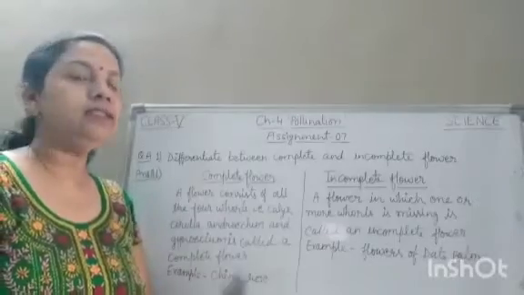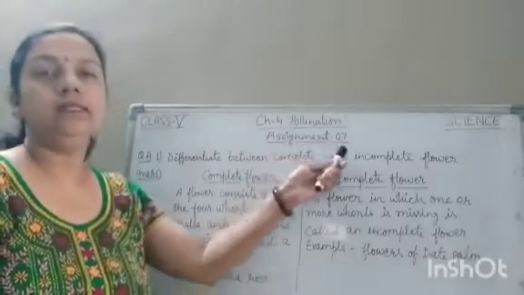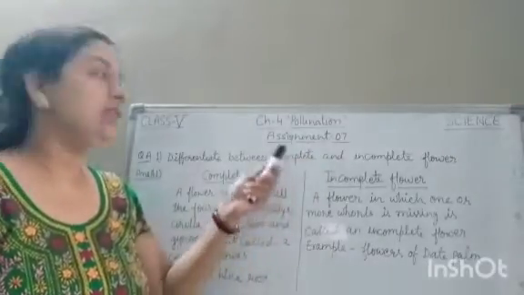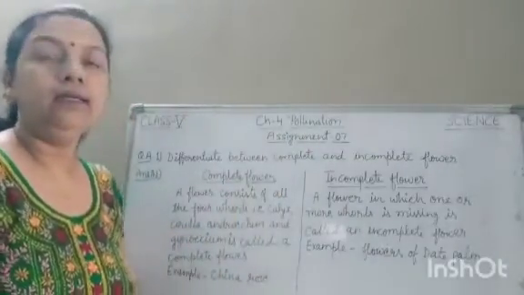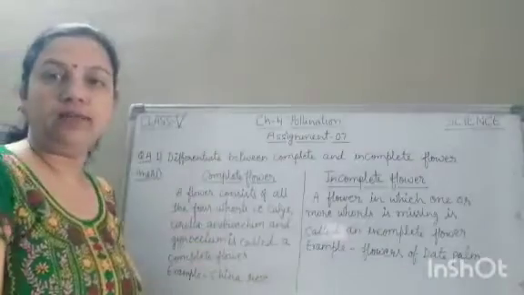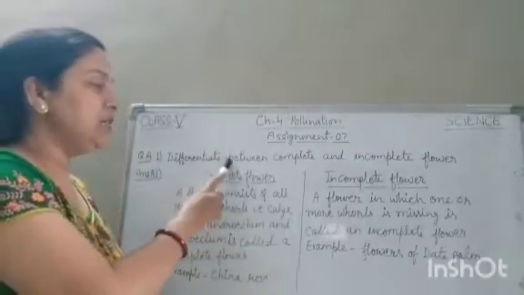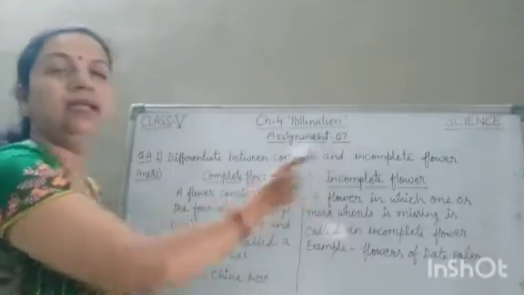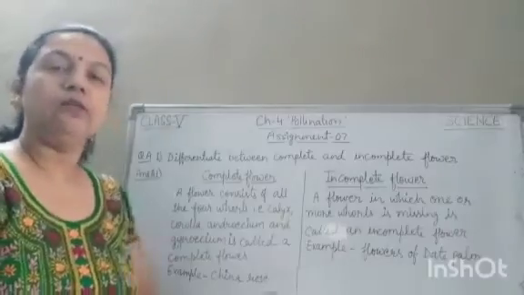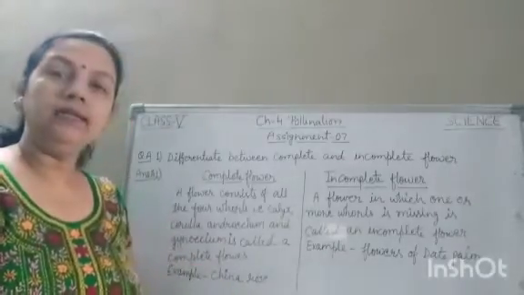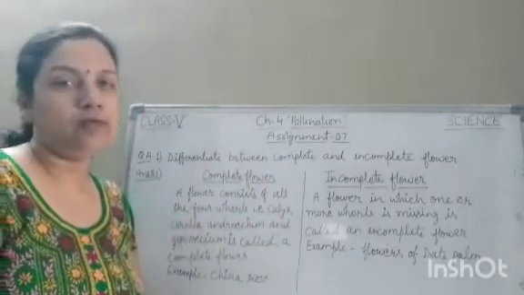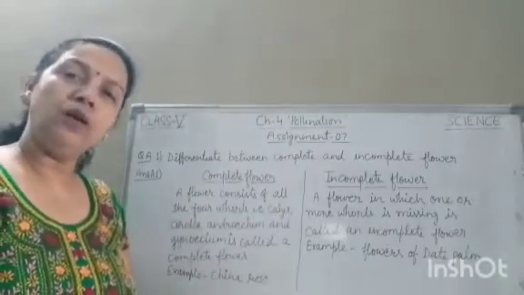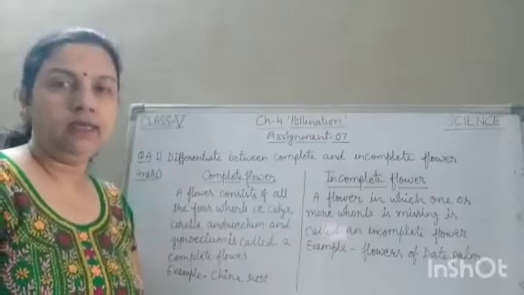Now children, next is assignment 7, which is again related to chapter 4, pollination, and the first question of this assignment is: differentiate between complete and incomplete flower. We have read in this chapter about the flower and the parts of a flower, and there are 4 whorls in each flower.